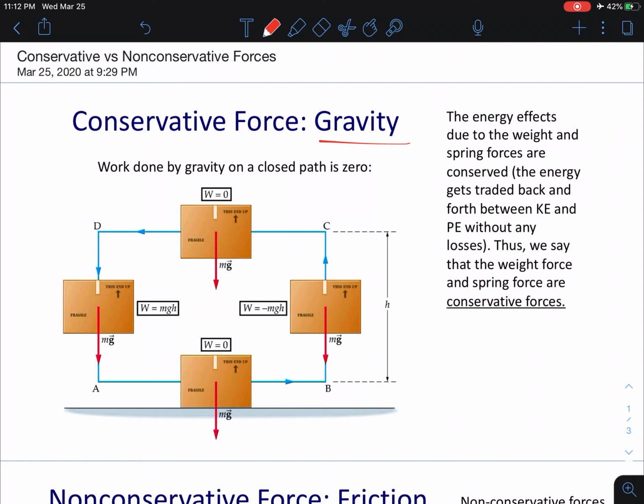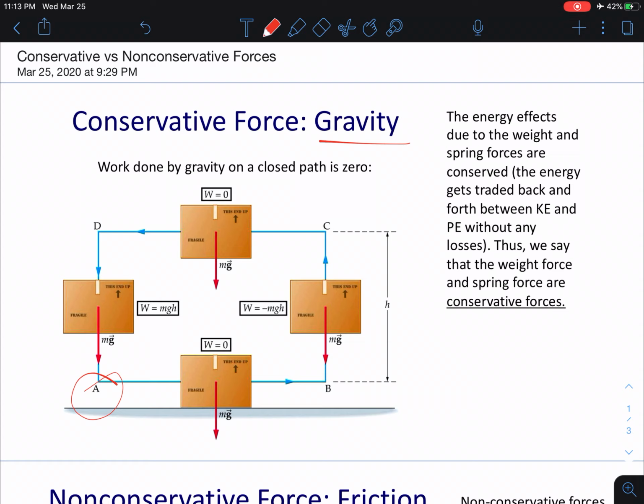So what we're going to do is start at point A on this corner and go counterclockwise: A to B, B to C, C to D, and from D to A, completing the loop. So there's the box. Every time we go from one line to the next, A to B for example, we want to know the work done by the weight force.